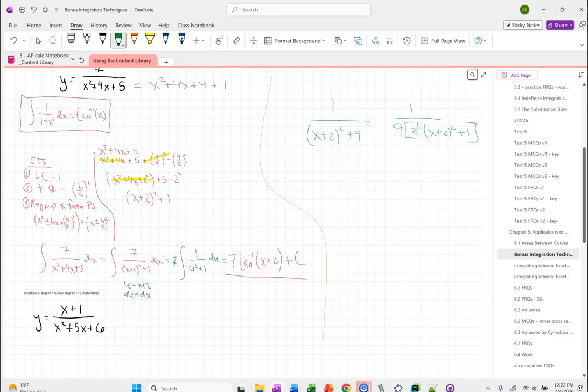Now I don't want this here because when I do my u sub, that's going to be a problem, right? So I'm going to think about that 1/9 as like 1/3 squared. And because these are both squared, guess what I can do? I can like push that 1/3 inside, right?